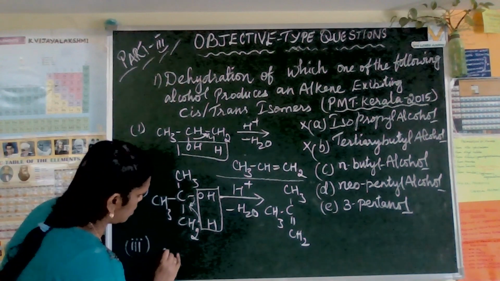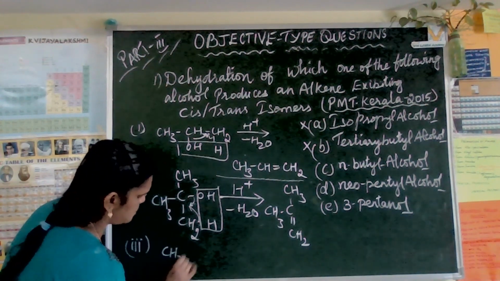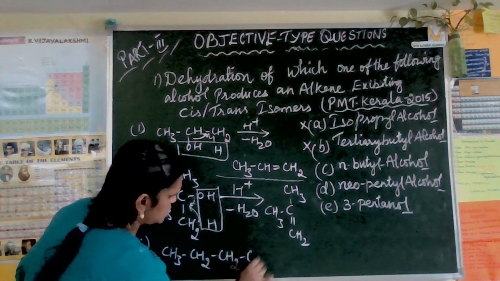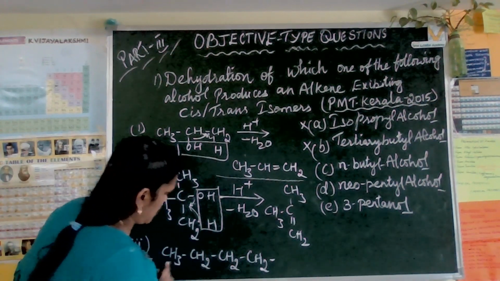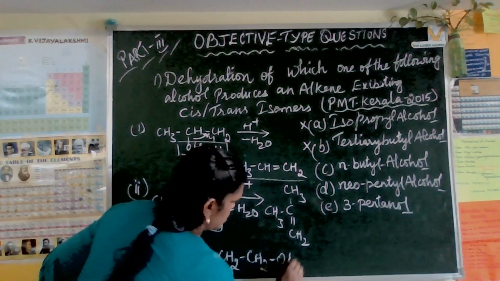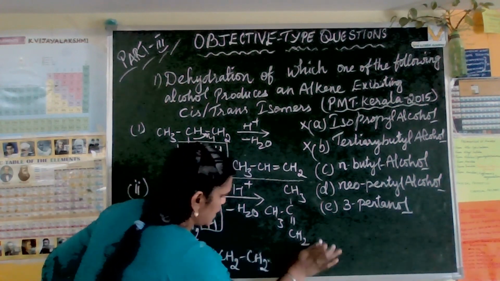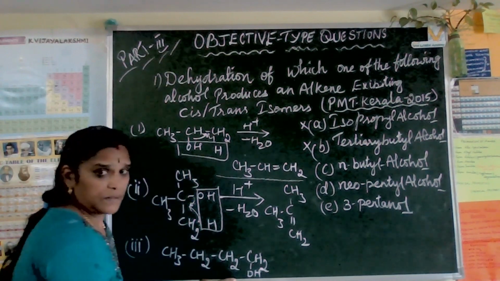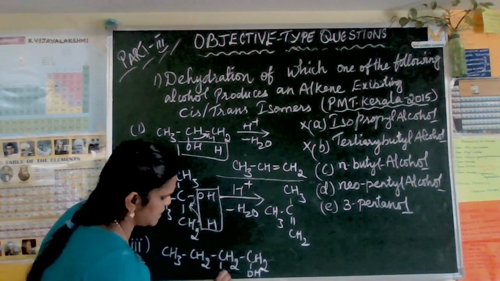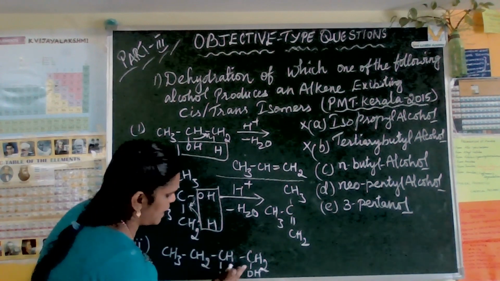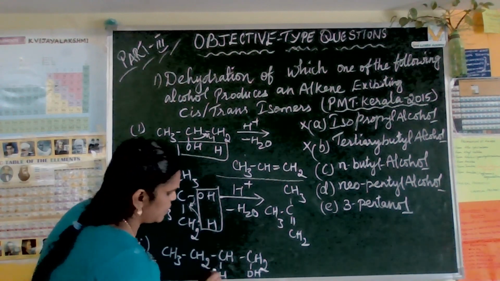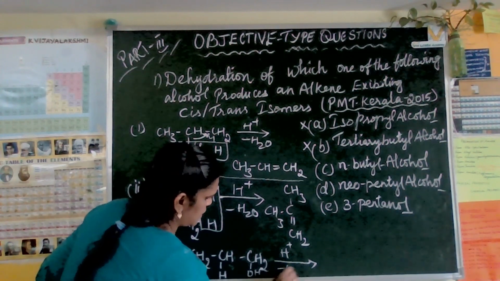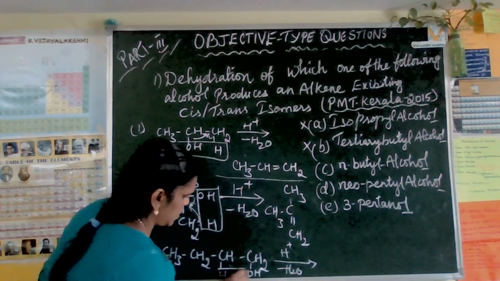Then the third one, the long chain structure, n-butyl alcohol. What is it? CH3, CH2, CH2, CH2, carbons 1, 2, 3, 4, with OH. With a small rearrangement, here OH and here one hydrogen, to remove water in the presence of acid.